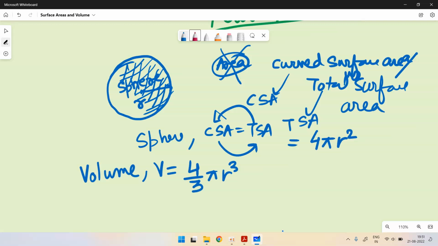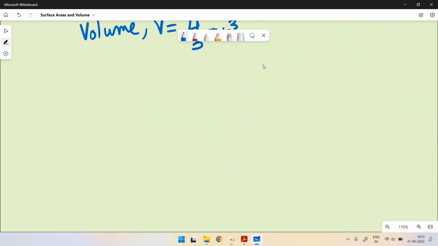Now next comes the hemisphere. What is a hemisphere? Cup shaped, almost like a half coconut.